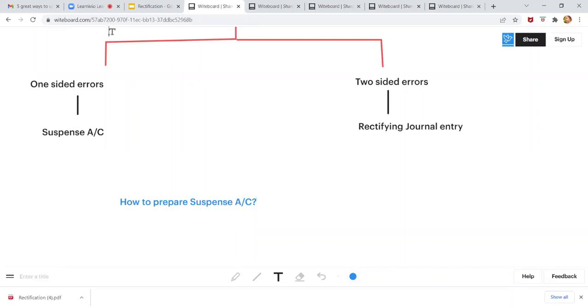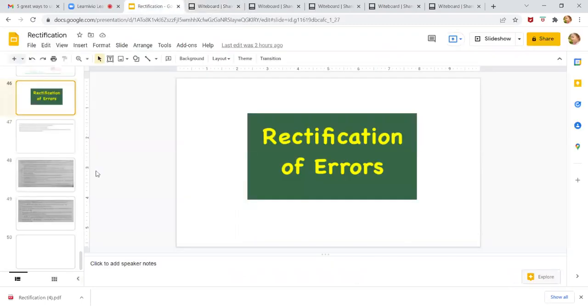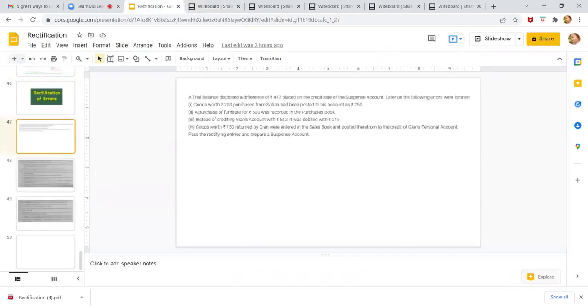For that, we have this question: a trial balance disclosed a difference of 417 placed on the credit side of the suspense account. Later on, the following errors were located.